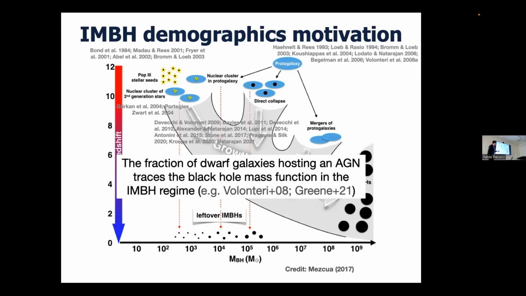Between the light and the heavy seed, they get different predictions. And so there's this sort of leftover or relic IMBH population that we might expect to find. And depending on this fraction of black holes that these dwarf galaxies have, we can potentially figure out which seeding mechanism is more likely, to have the light scenario.